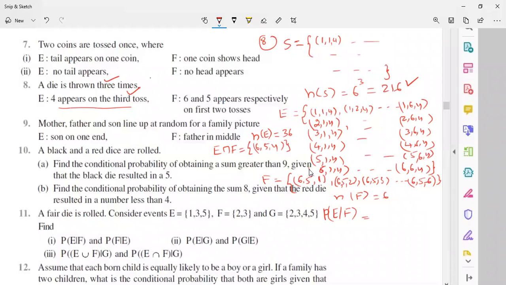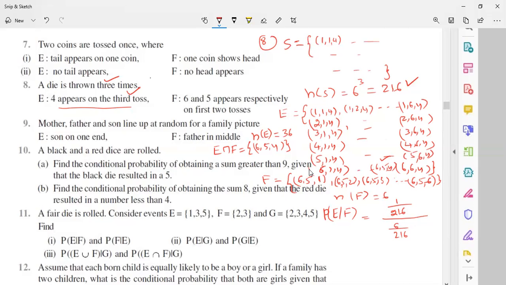So the probability of the common event is 1 by 216, and the probability of F is 6 by 216.